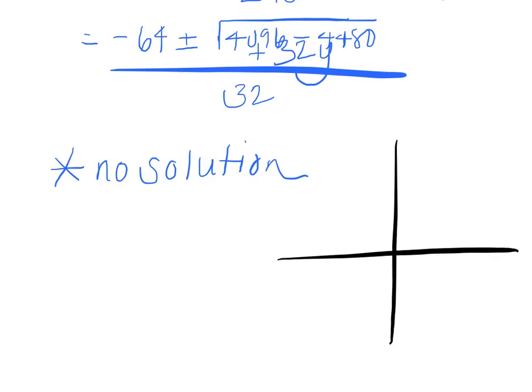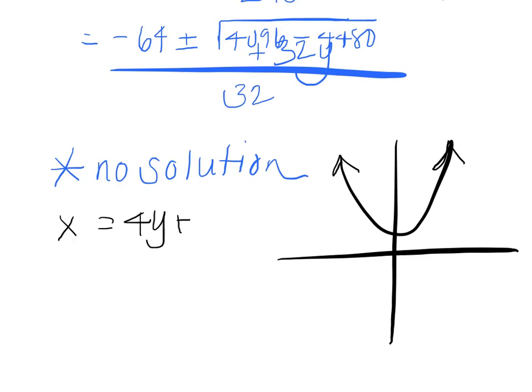You could put it into your graphing calculator, and I'm just going to do a quick sketch. The graph of the quadratic, worst quadratic ever, looks like this, where it doesn't cross your x-axis. Our linear function, if you remember, we had got it to x equals 4y plus 8. But let's get that y by itself.